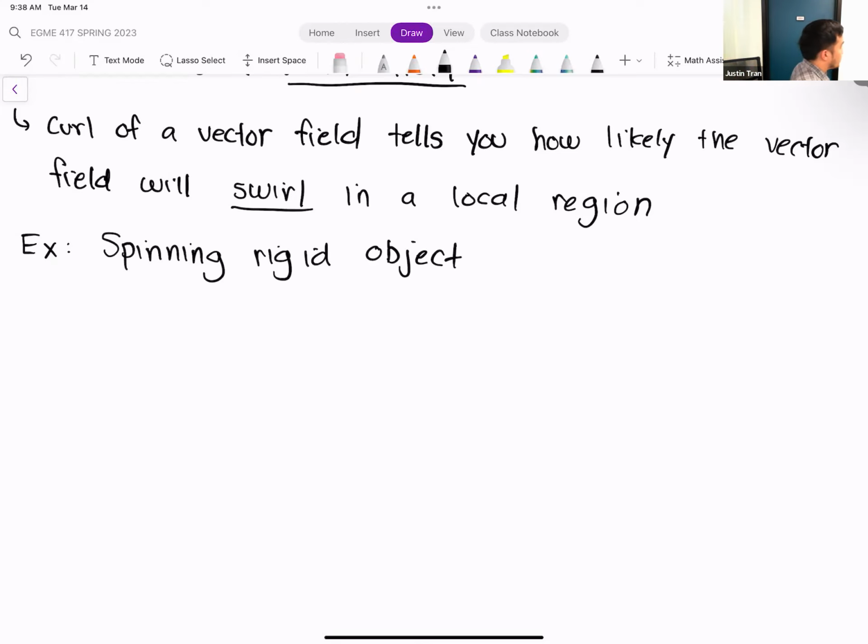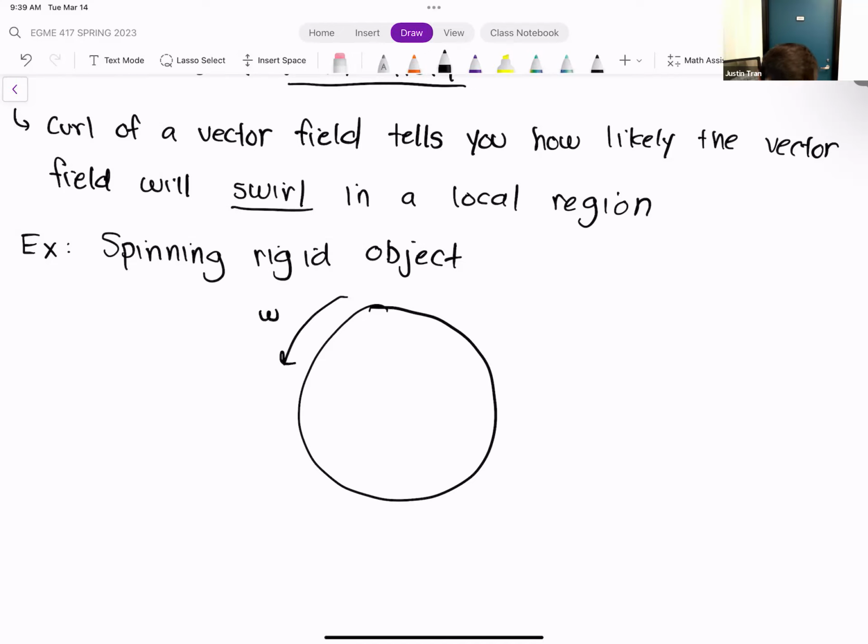I think the most physical example of this would be like a vinyl. If you have a spinning CD or spinning vinyl, that's a spinning rigid object. Let's say this object is round like this, and it's rotating with an angular velocity omega in the clockwise direction.